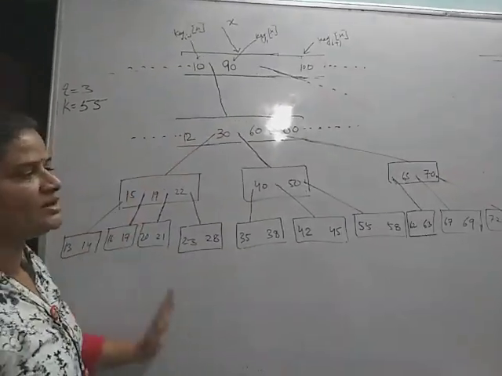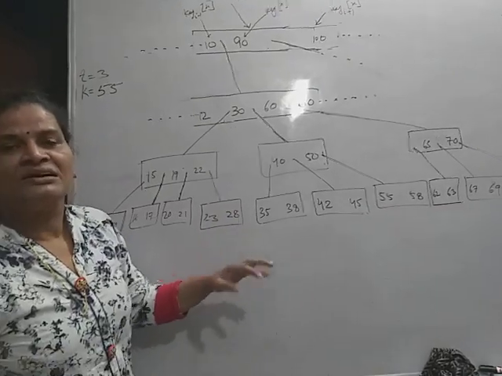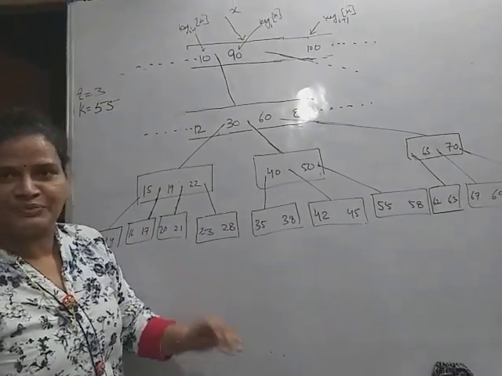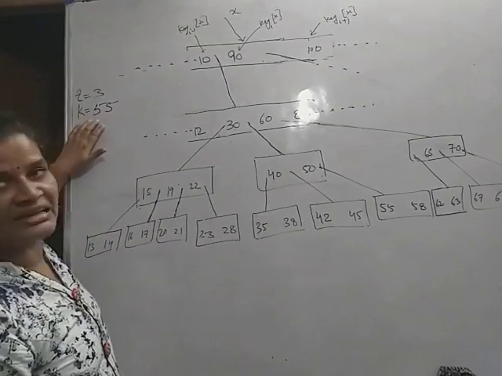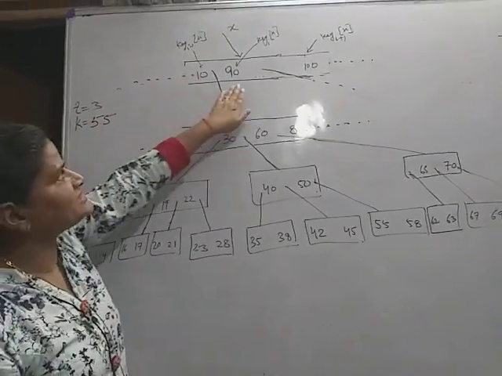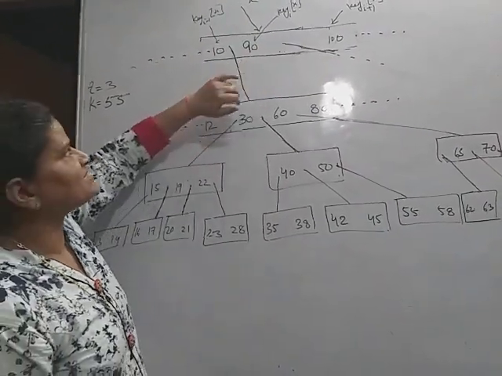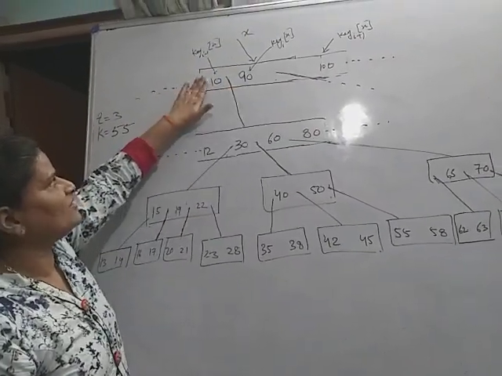Here I have drawn a portion of the B tree to explain all the steps of the deletion procedure. So here I want to delete the key 55. This is a node and x is pointing to this node. First, x contains t number of keys.